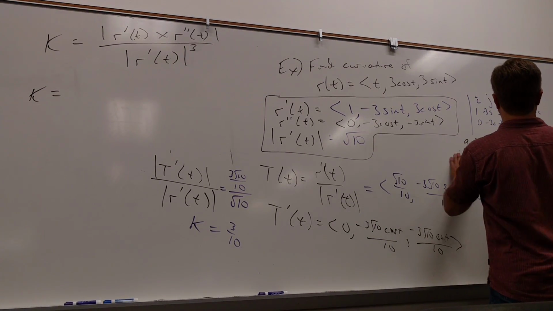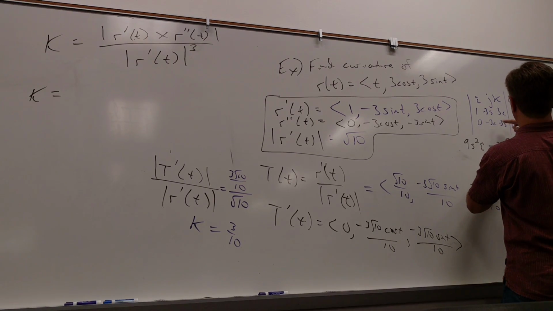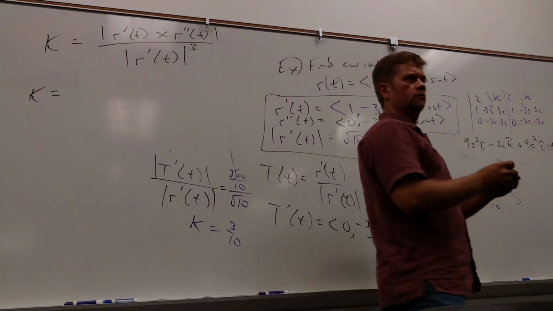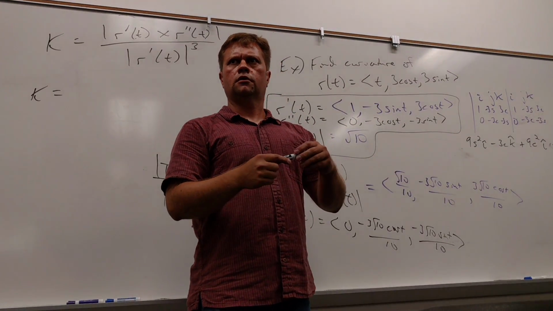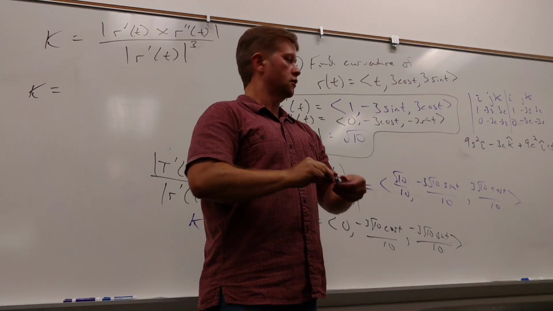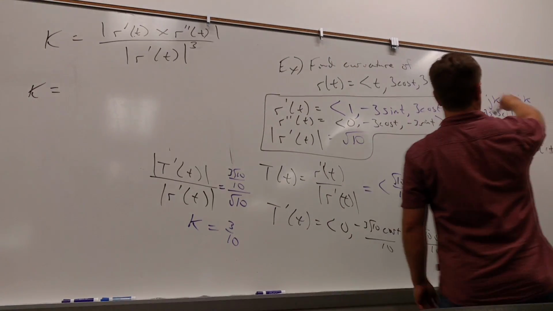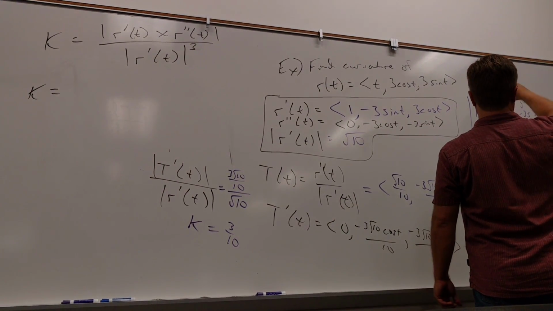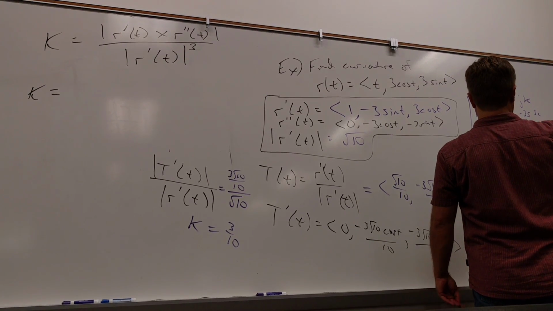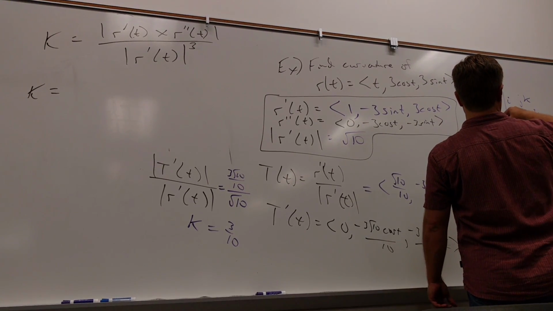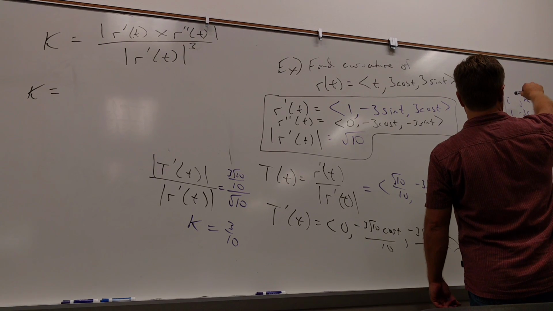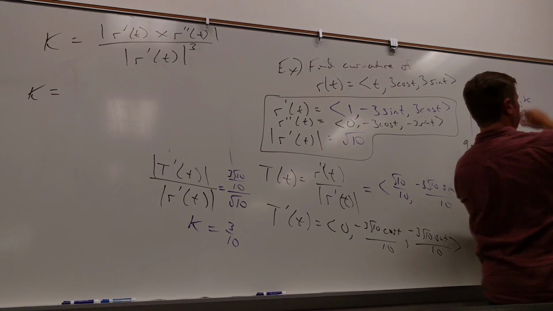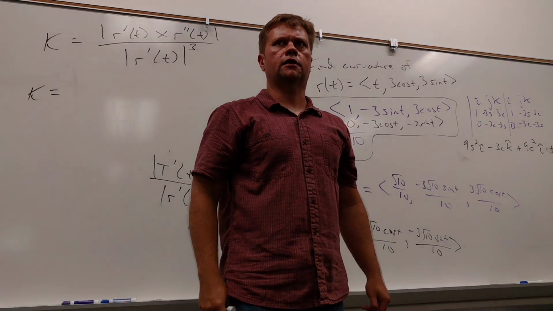Oops, I didn't have any j's from earlier. No, plus 3 sine j. Is that where you guys are getting? Okay, yes, good. Let me stop there for a second.